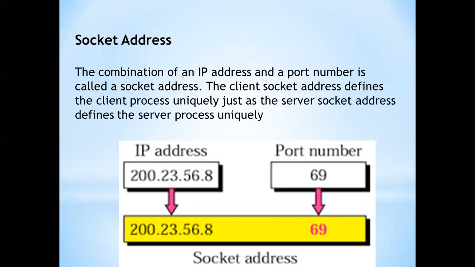As I told you, the client socket address defines the client process, and the server socket address defines the server process uniquely, and I have already told you in the given example. 200.23.56.8 is the IP address and 69 is the port number, which are used for communication between two transport layers. Thank you.